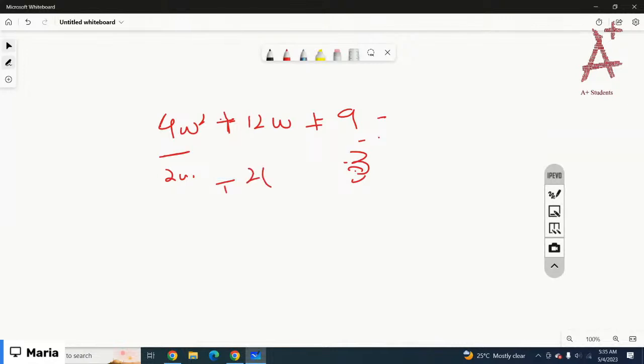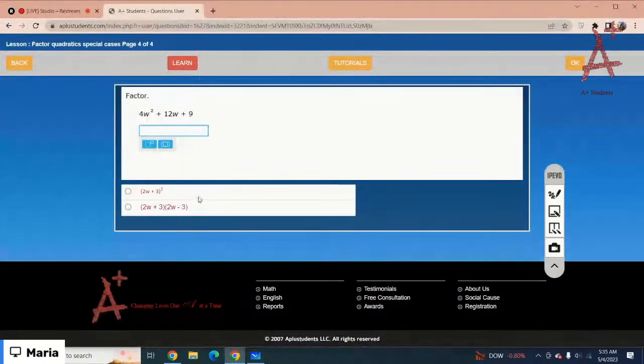And here you have 2 times 2w times 3. Got it? So that means this one is the square of 2w plus 3 whole square. When you have something like this, a square plus 2ab plus b square, it would be 2w plus 3 whole square. The correct option is option number 1.